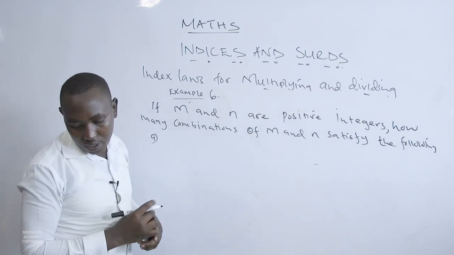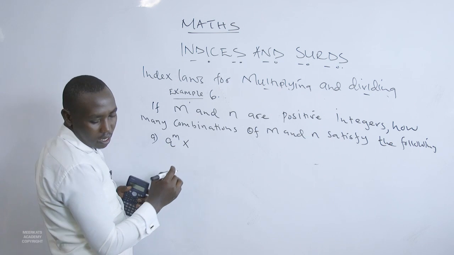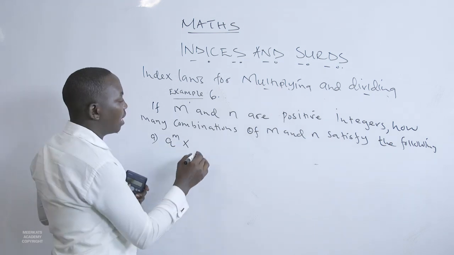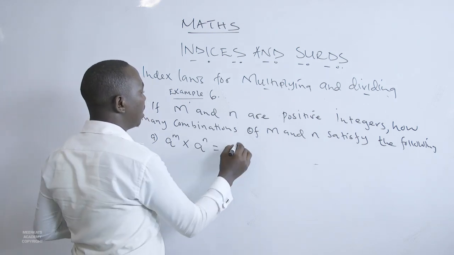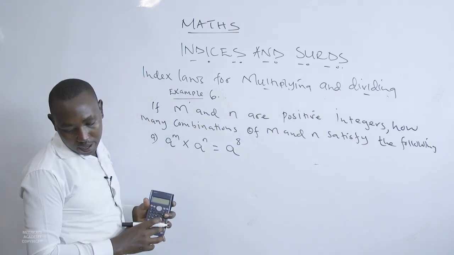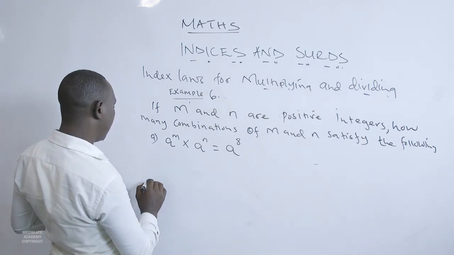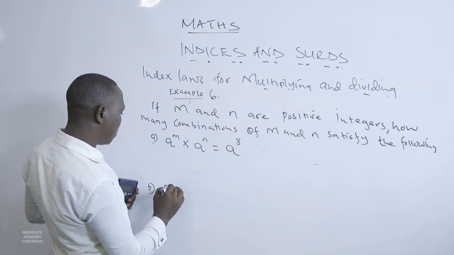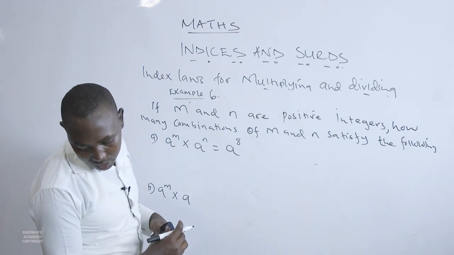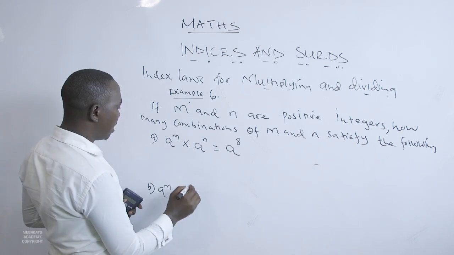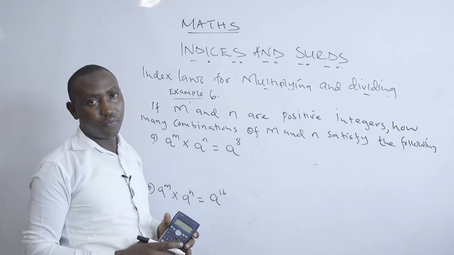We have two scenarios. Number one, A raised to M multiplied by A raised to N should give us A raised to 8. And again, A raised to M multiplied by A raised to N is equal to A raised to 16.